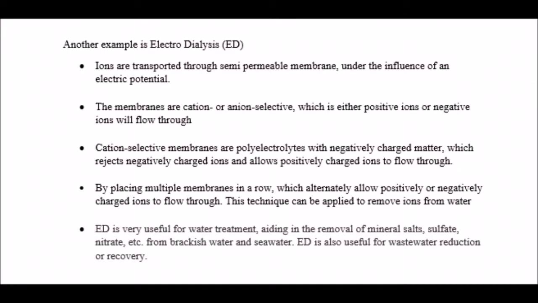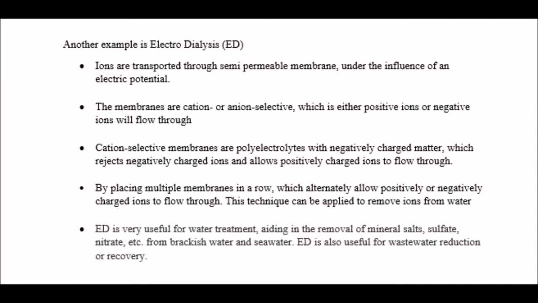Another example for electrically charged membrane is electrodialysis. In electrodialysis, ions are transported through a semi-permeable membrane under the influence of an electric potential. The membranes are cation or anion selective, which means either positive ion or negative ion will flow through.